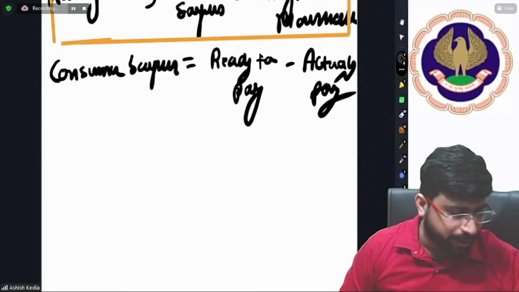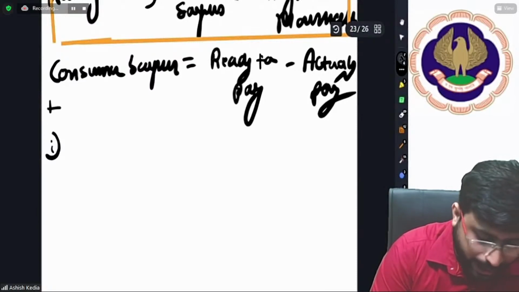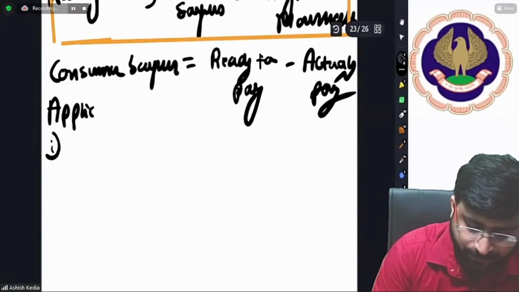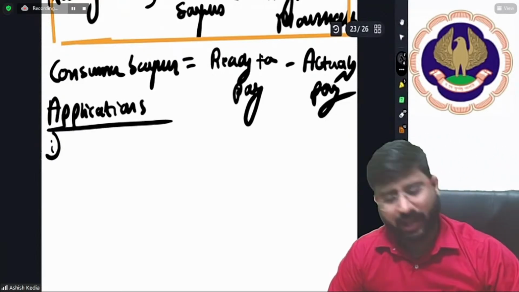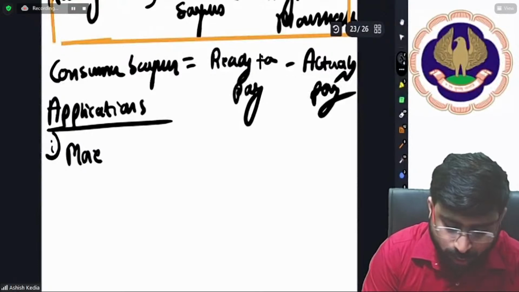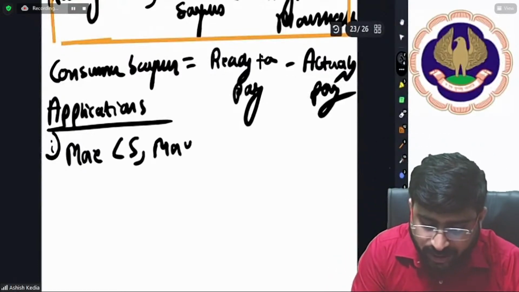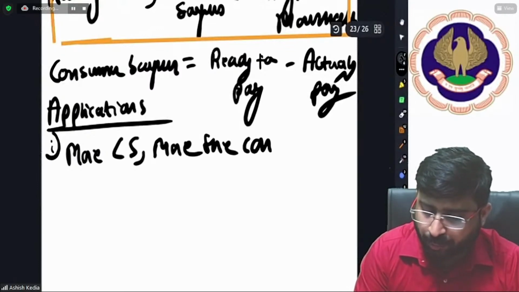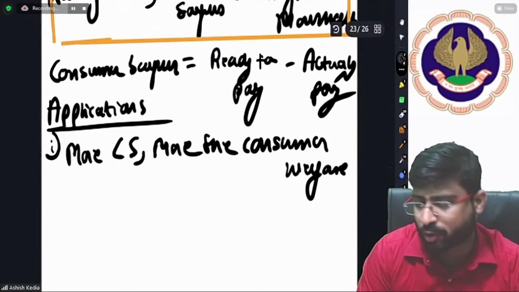Now my question is very simple. What are the importance or applications of consumer surplus? Number one, you all will agree that the more the consumer surplus, the happier the consumer will be. It means more consumer welfare. This is the first point in the institute's material as well.